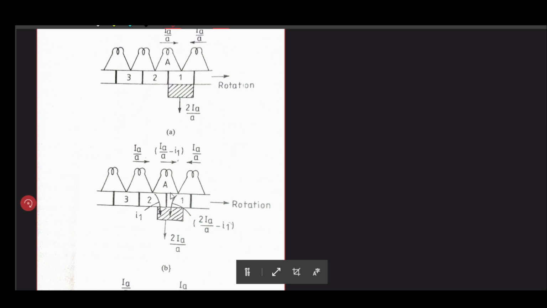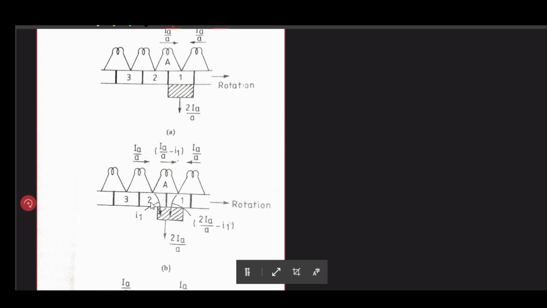So what is that I1? As commutator tooth 1 is occupying most of the surface area of this brush, it is sharing the major component of the current, that is 2Ia by A minus I1, and tooth 2 is sharing the current I1.